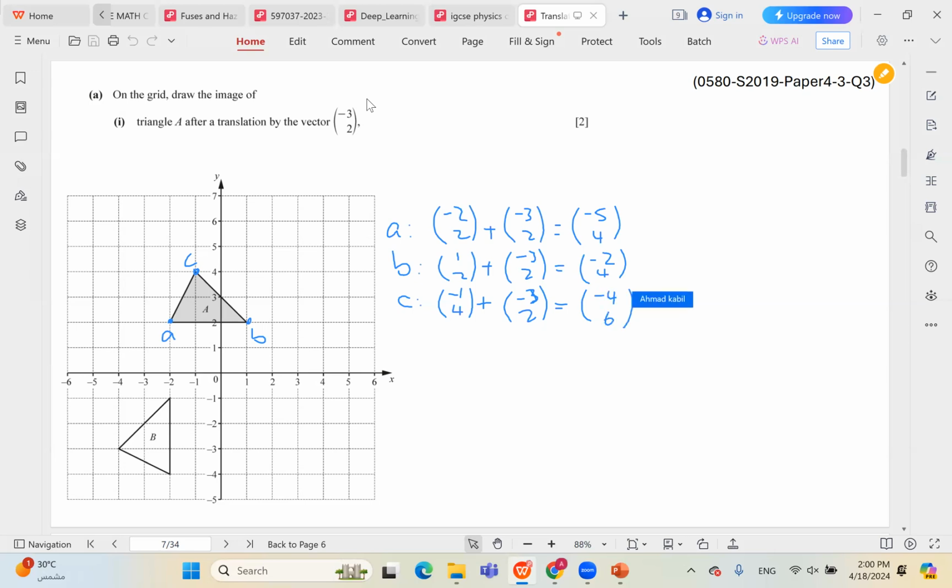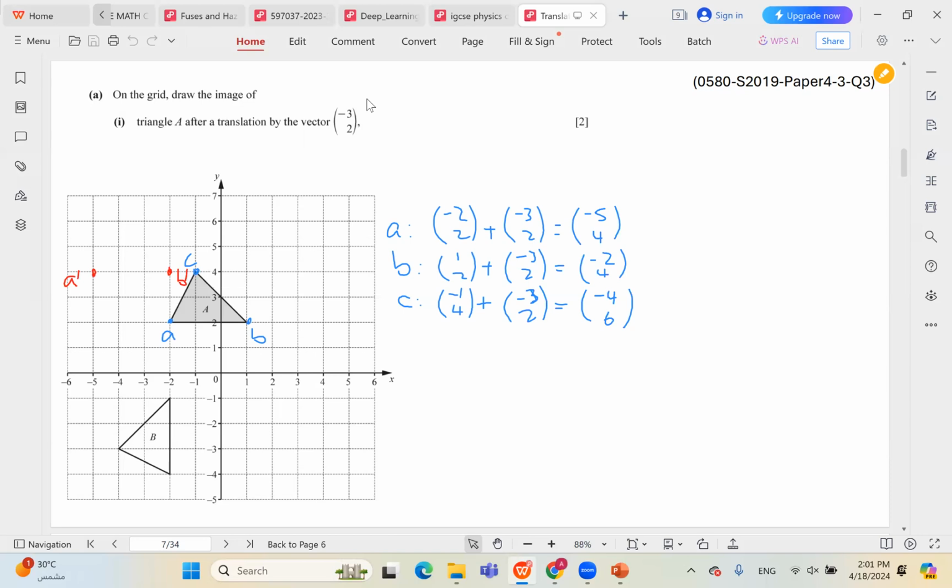And we just plot these onto the graph. So -5 and 4 would be here. This is A dash. And then -2 and 4 would be here. So B dash. And finally, -4 and 6.